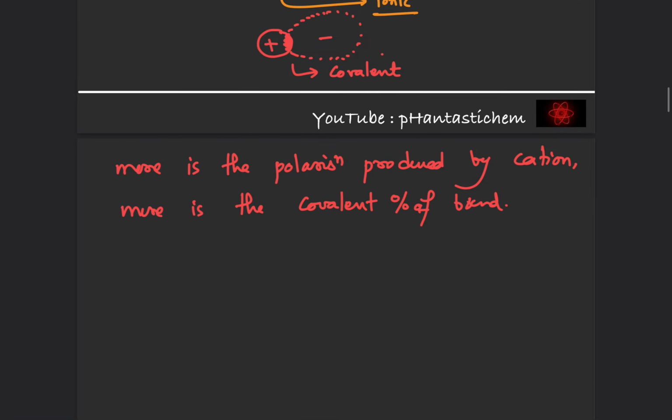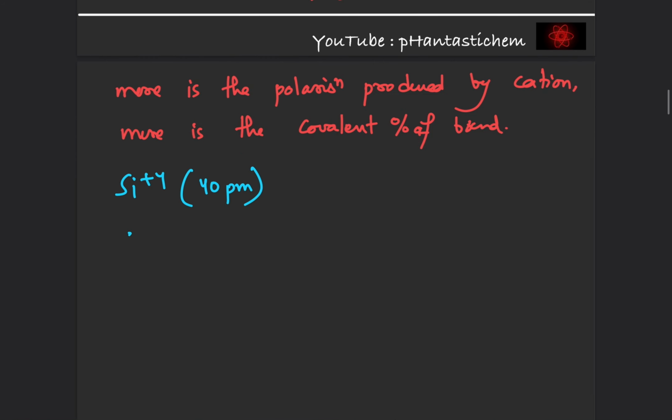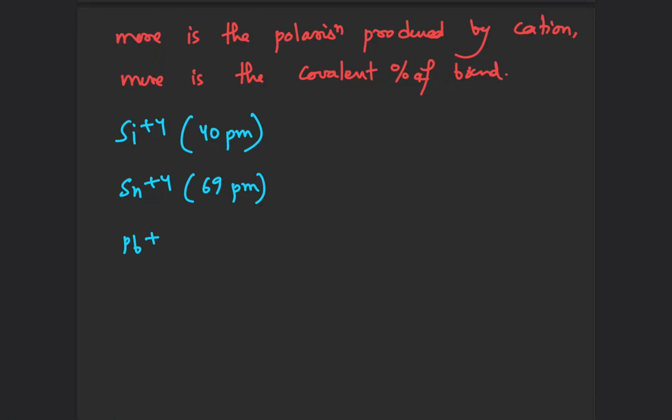In our case, the cations are Si plus 4, which has a radius of 40 picometers, the smallest. Then we have Sn plus 4, whose size is 69 picometers, and then Pb plus 4, whose size is 78 picometers. So Si plus 4 is the smallest, and according to Fajan's rule, the smaller the cation, the greater its polarizing power.